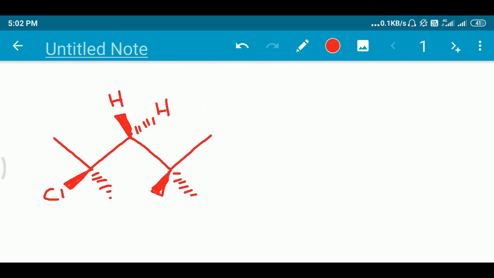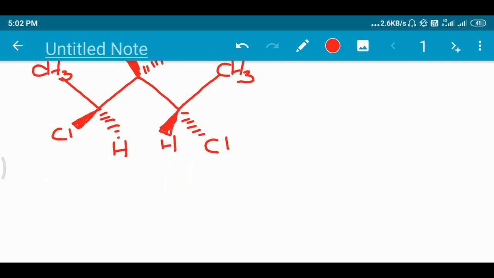So I am just changing the position of hydrogen and chlorine, and here it is hydrogen and chlorine. So when I change, this is my CH3 and this is my CH3.